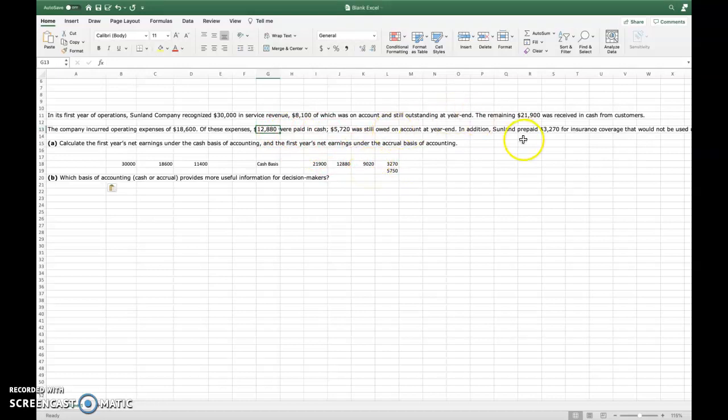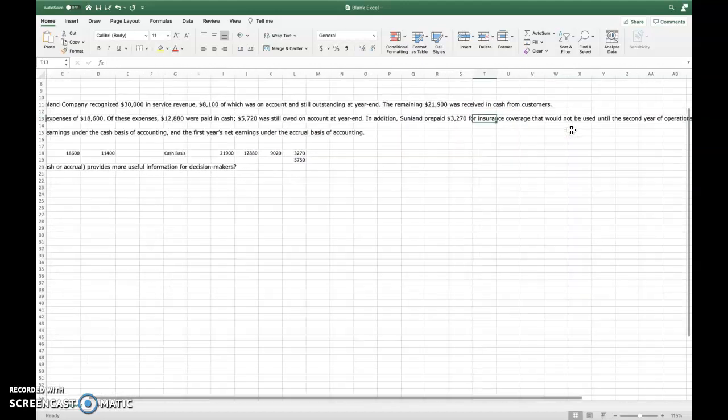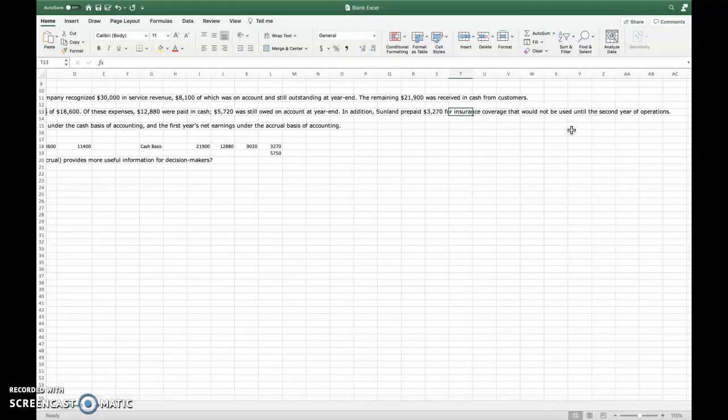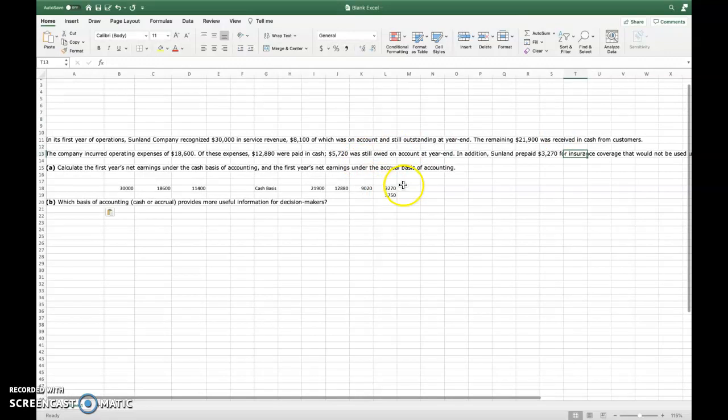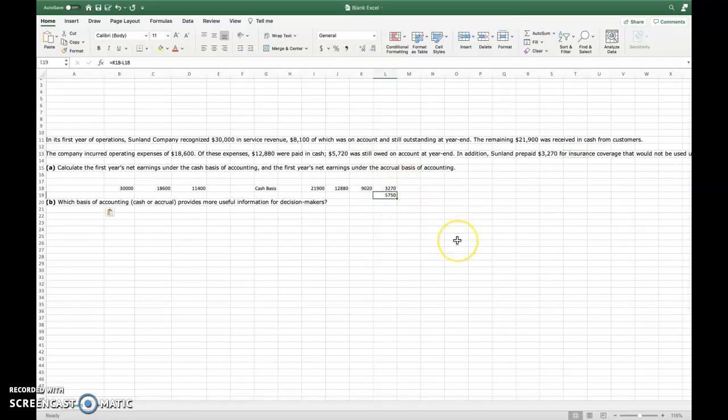Furthermore, we're going to subtract $3,270, the insurance coverage that would not be used until the second year of operations. In total, that gives us a net income for cash basis of 5,750.